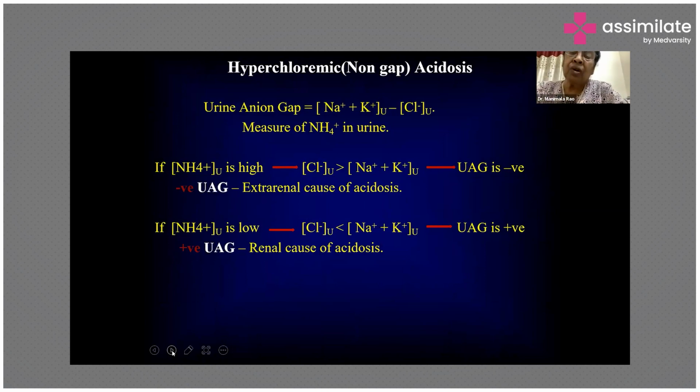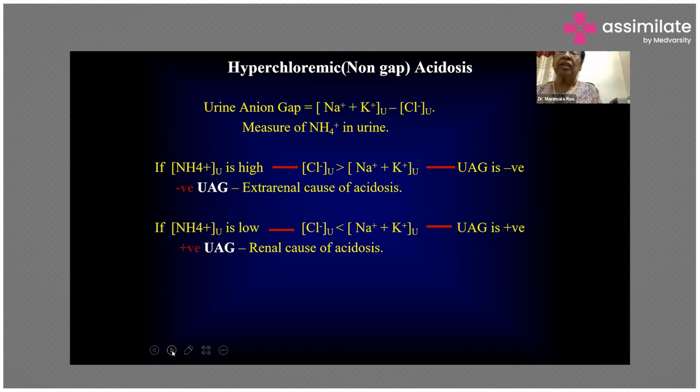So what happens now? Many times you all know what is called the Hamburger phenomenon, right? The hamburger. When the bicarbonate is going out, instead of bicarbonate, chloride enters the cell. So the chloride, though it is an anion, has more of an acidic component. So bicarbonate is gone out and you will be getting more chloride. Intracellular chloride becomes more. So this is called a hyperchloremic or non-gap acidosis.